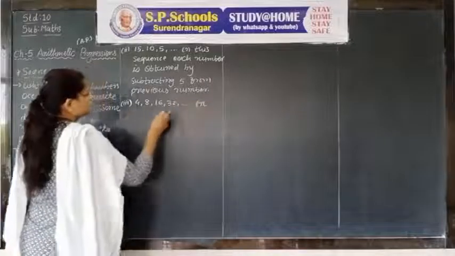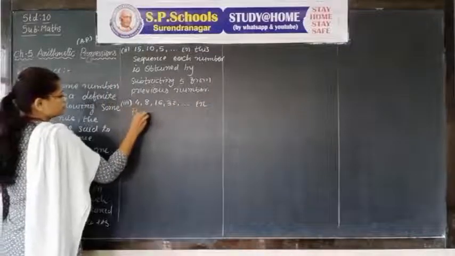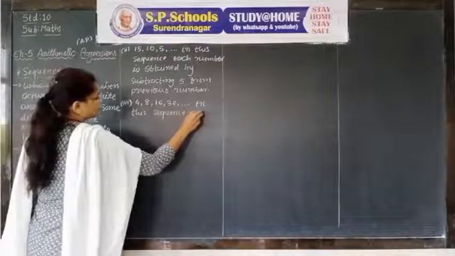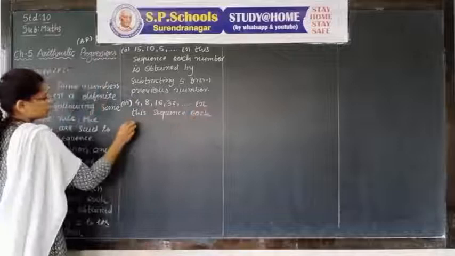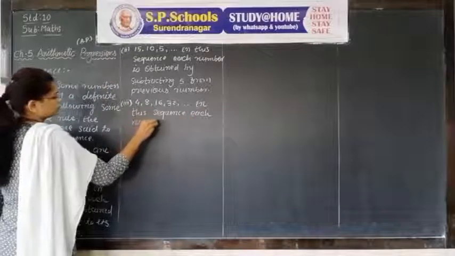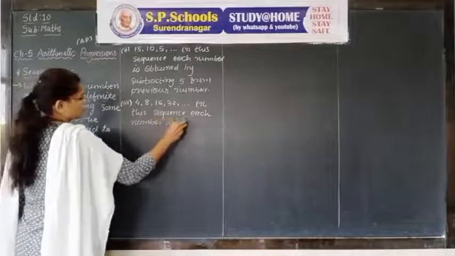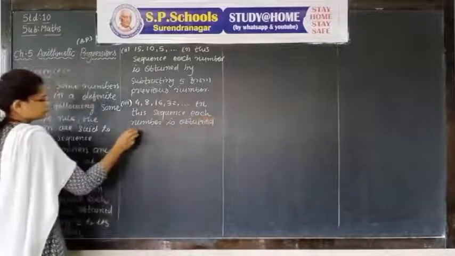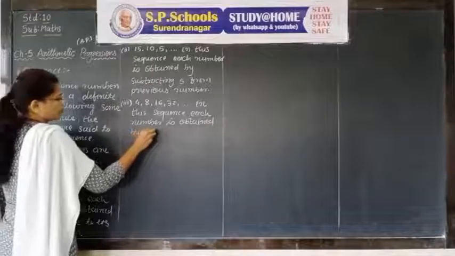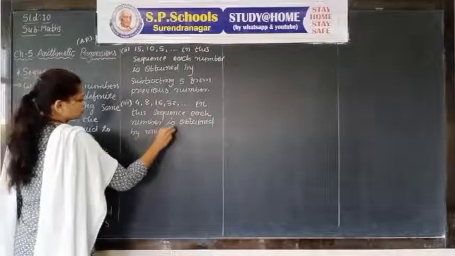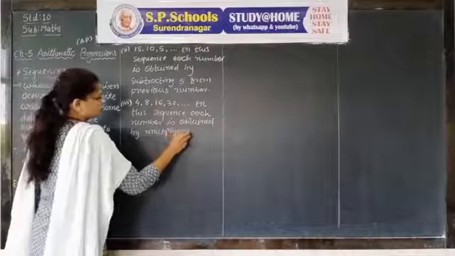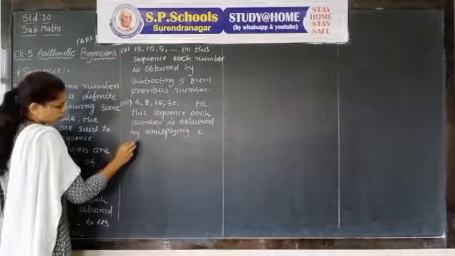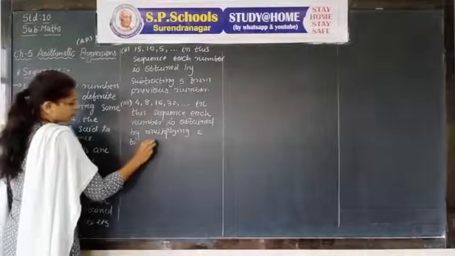In this sequence, each number is obtained by multiplying 2 to the previous term.